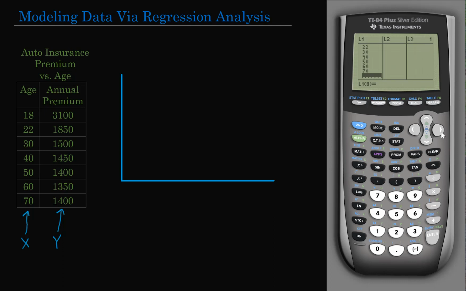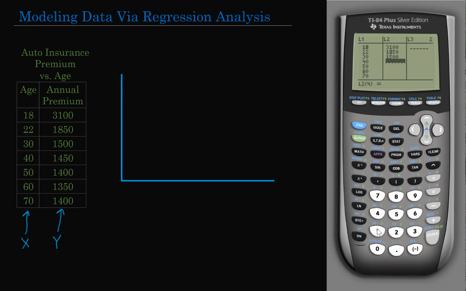Then I'm going to move over to my list 2 with the right arrow. Notice on my screen across from 18 in list 2, I now want to put what the premium would be, $3,100. Okay, at 22 years of age, $1,850. At 30 years of age, $1,500.